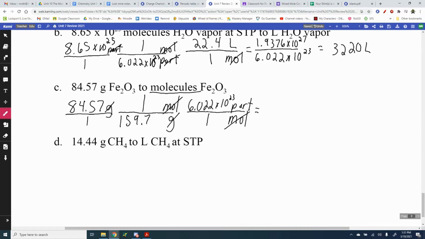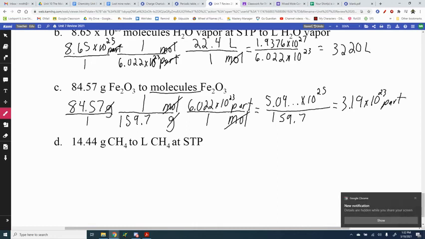We multiply our top numbers, 84.57 times 6.022 times 10 to the 23rd, and we get 5.09 times 10 to the 25th. Our bottom number is 159.7. We divide those two, and we get for a final answer of 3.19 times 10 to the 23rd particles.